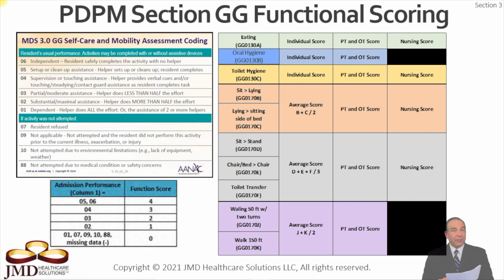So first one, eating, way up here. We're starting with the top one. Food is brought to Mrs. Claus, and she is set up with her drink to her right because it's her dominant hand. She can eat the meal, no problem, but she needs someone to clean up after all 3 meals. How would you think that would be coded?